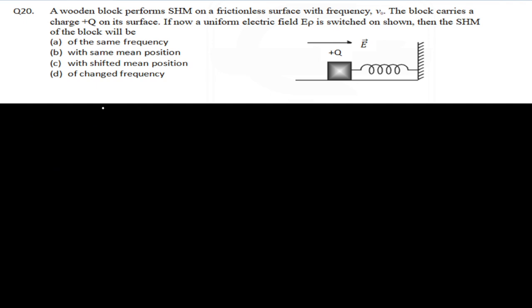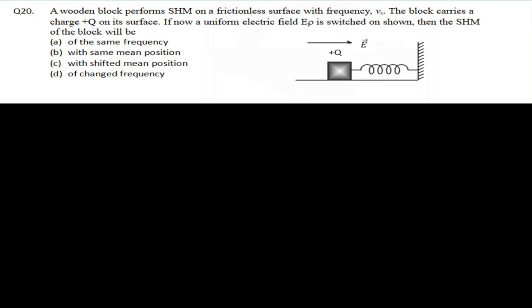So now this is the last question for today's class. What is written here? A wooden block performs SHM on a frictionless surface with frequency nu naught. The block carries a charge plus q on its surface.